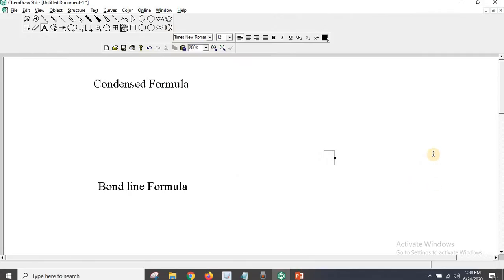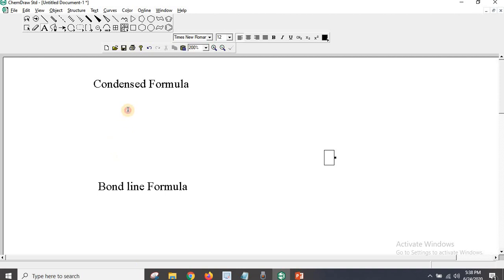This is a ChemDraw software in which I am explaining this part to you. Condensed formula is the formula in which we are depicting only the carbon and hydrogen atoms. We are not showing the bonds between the carbon and hydrogen. We are showing the bonds between carbon and carbon, and sometimes the bonds are not shown directly, and the formula is written.